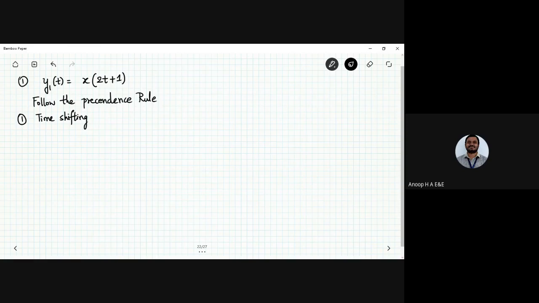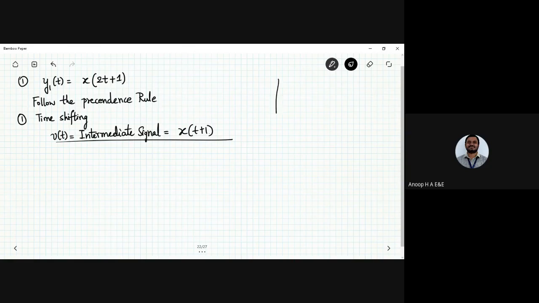So what do I need to shift now? I need to create an intermediate signal that is equal to x of t plus 1. That is what I need to do now.